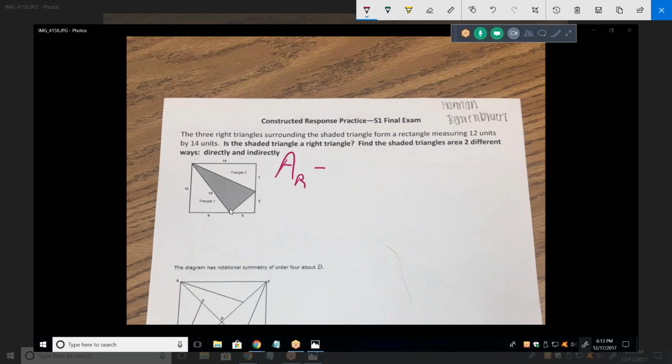So it's the area of the rectangle minus the area of triangle 1 minus the area of triangle 2 minus the area of triangle 3, which is this one. That's going to be the area of the gray area. What's the area of triangle 1?